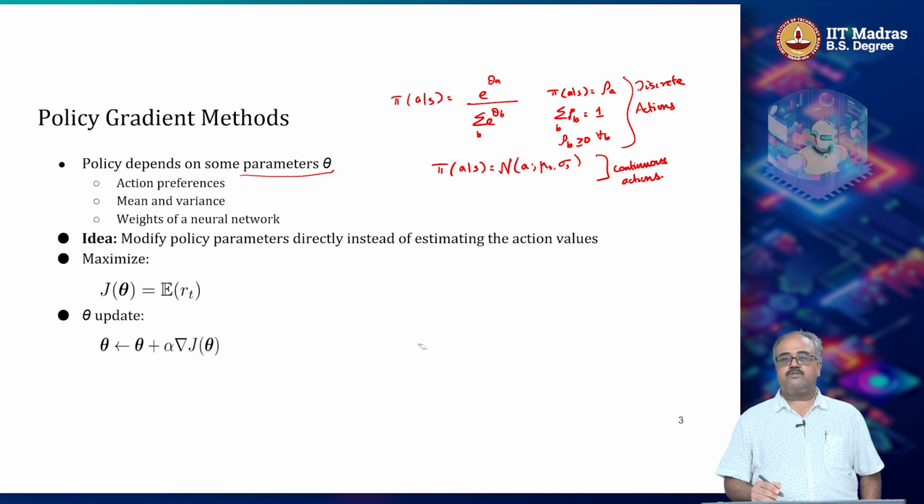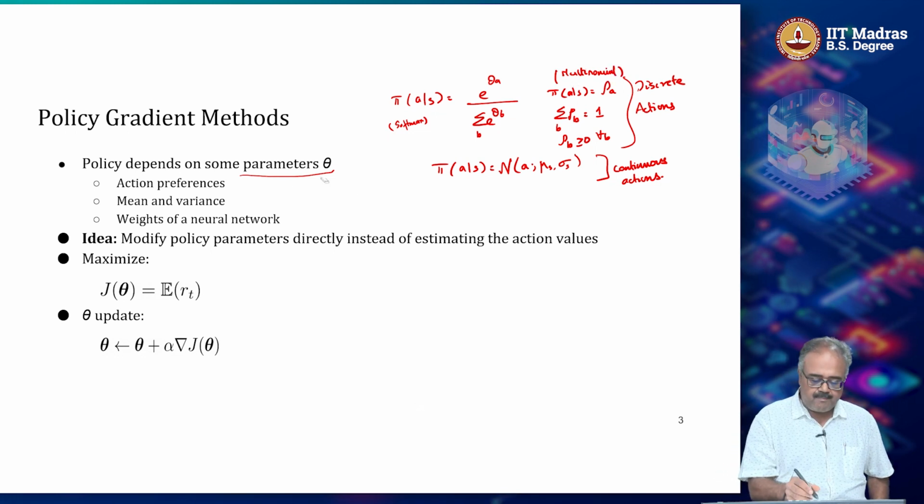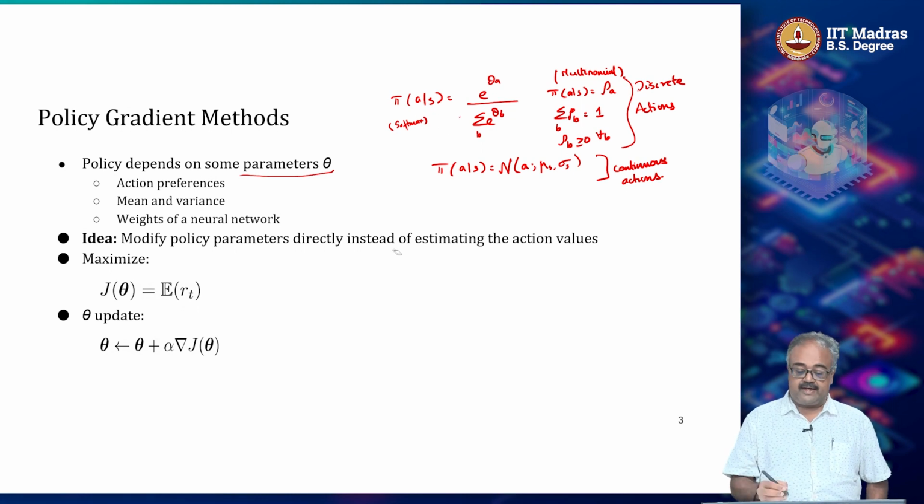In the first two cases you have some set of actions. So this is your usual softmax kind of a rule, and this is a multinomial.